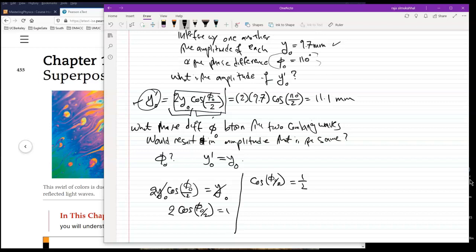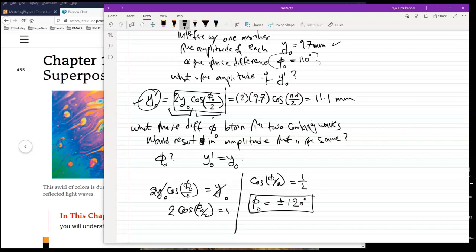Well, cosine 60 is 1/2, and cosine negative 60 is 1/2. So basically, phi naught is equal to plus or minus 120 degrees. So if the phase difference between them is 120 degrees to the left or to the right, the two waves will combine, and they will have the same amplitude as before. Okay, the original one. You know what I mean? Okay, good.